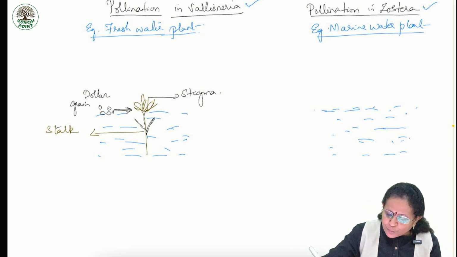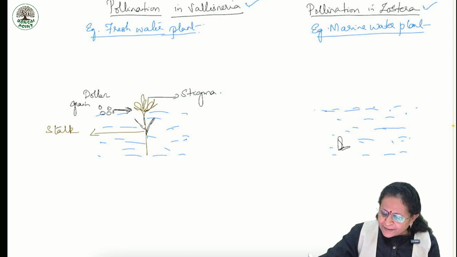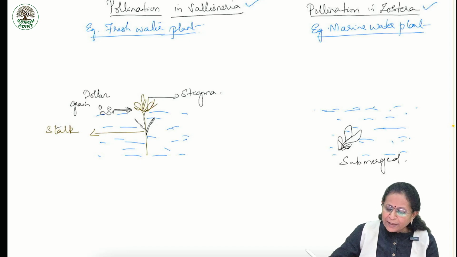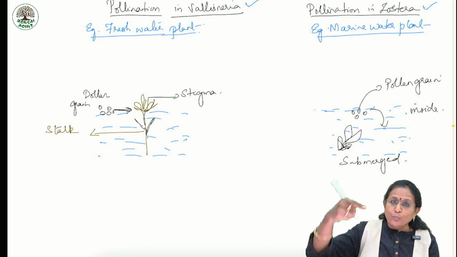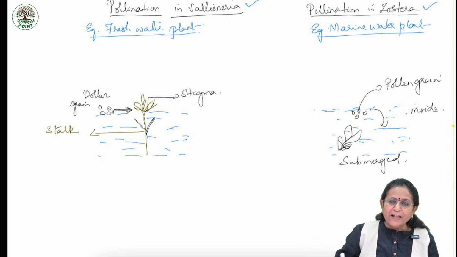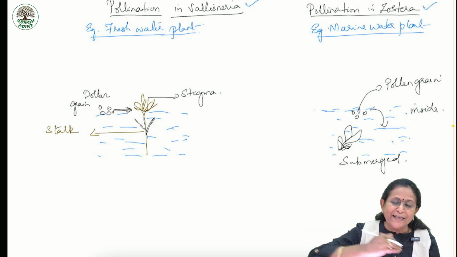Now, what about Zoostera? Here we say the Zoostera is a flower which is submerged. Thereby, the pollen grains that are produced must move inside the water. To move inside the water, they must have the capacity of cutting the water and going in.